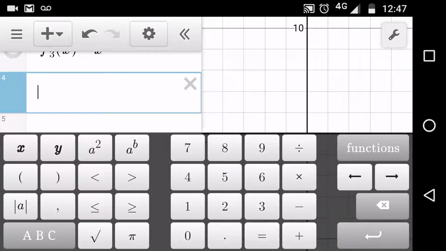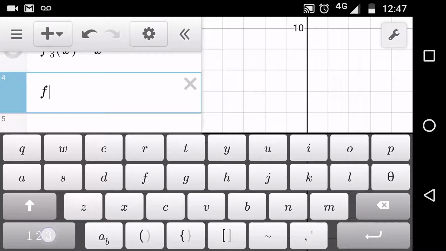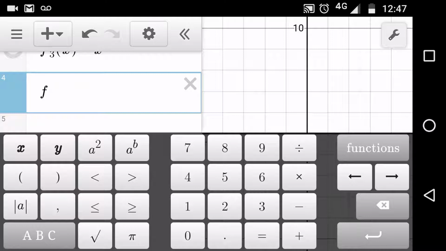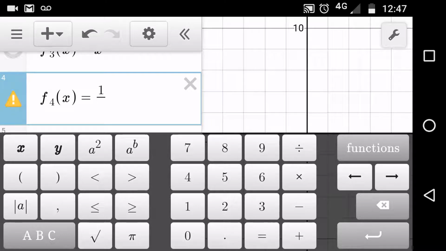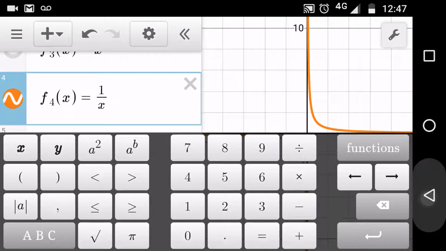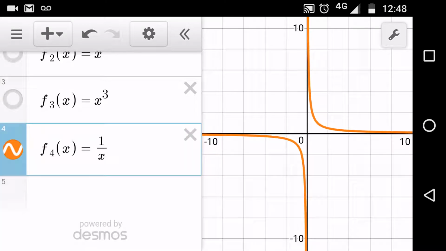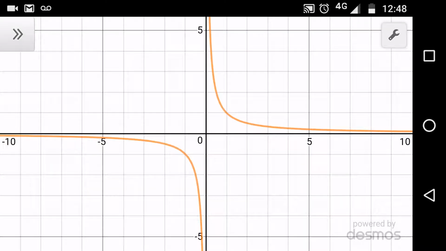What happens with the basic rational function? What happens when you have a division? So let's call this f4 of x, and the basic rational function is just dividing a number like the number 1 into the variable x. Now I'm going to show you this in the full screen so you can actually see what's going to happen.